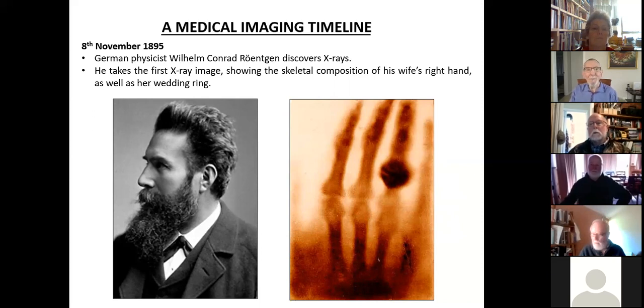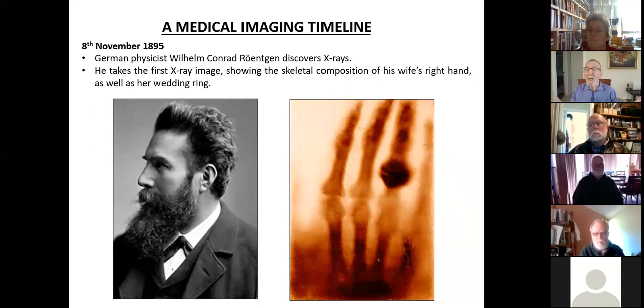And with her wedding ring, if this thing will work on the screen, can you see that's her wedding ring. Okay, so this thing here is his wife's wedding ring. And it is an X-ray of her right hand. And whether this was by accident or by design is still in dispute.